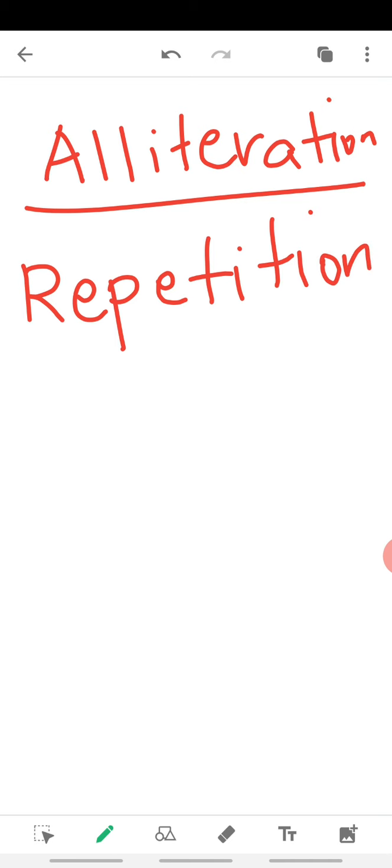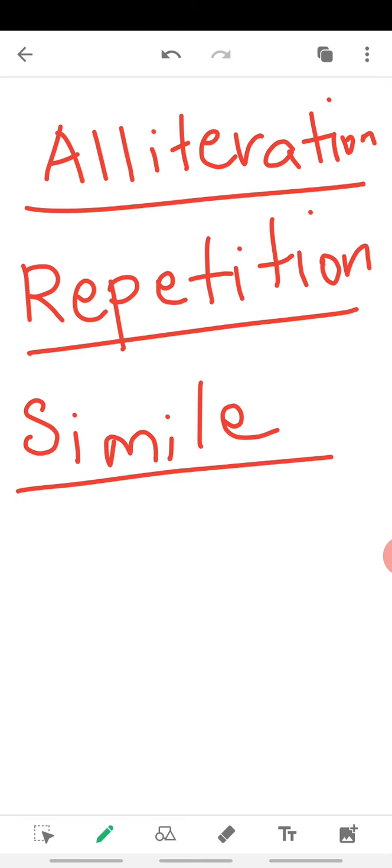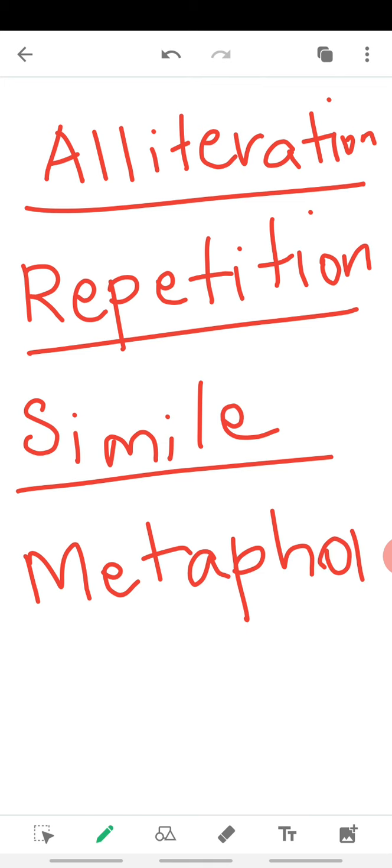Words or phrases are repeated for more poetic effect. Third one we did simile. Simile means two objects are compared using like or as. And the fourth one we did is metaphor. Metaphor is where two objects are compared directly.